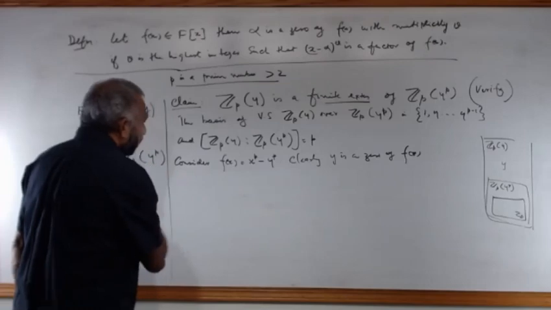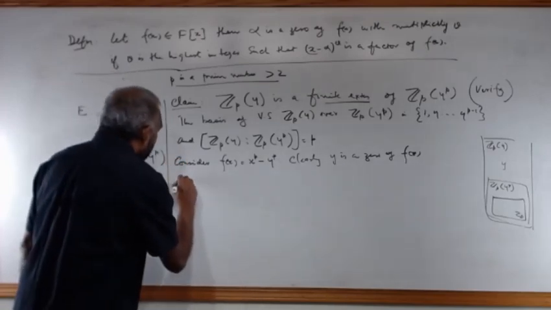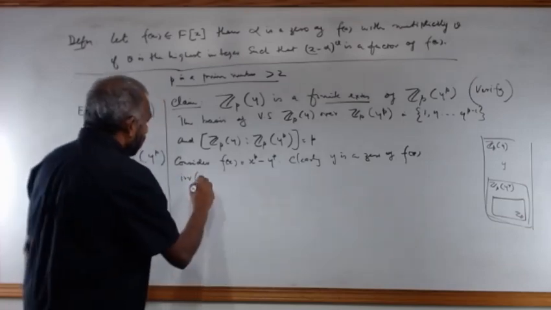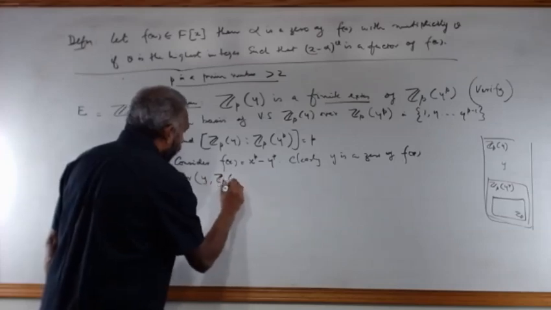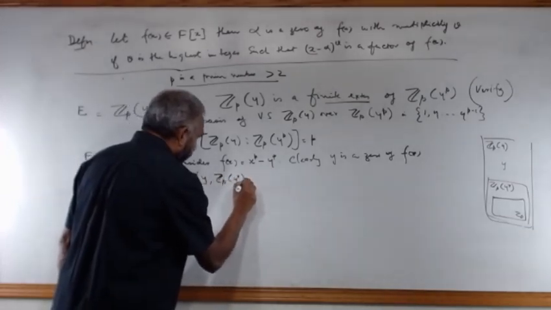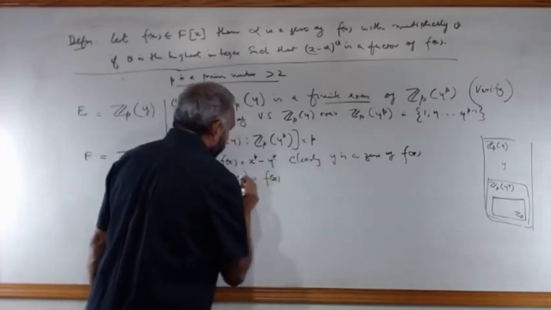And the irreducible polynomial of y over Z_p(y^p) is actually f of x.